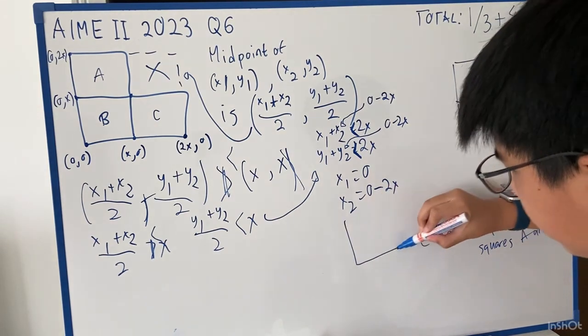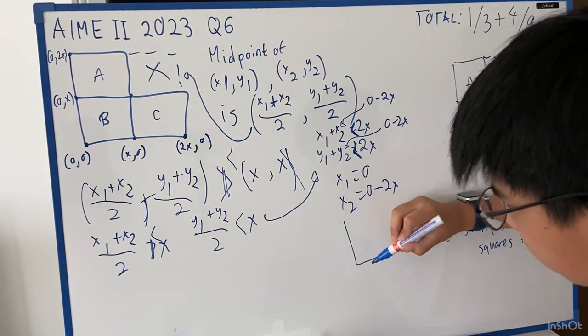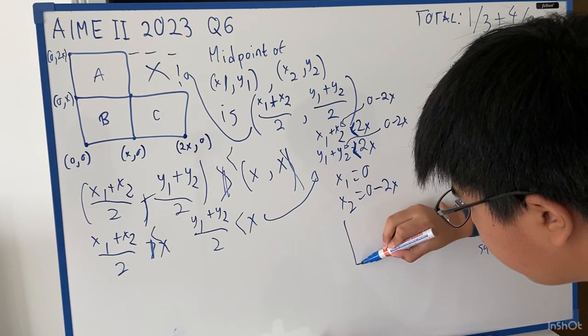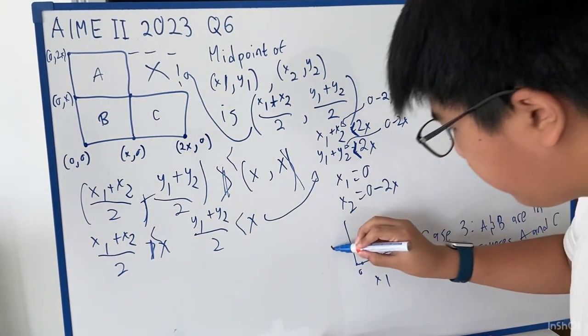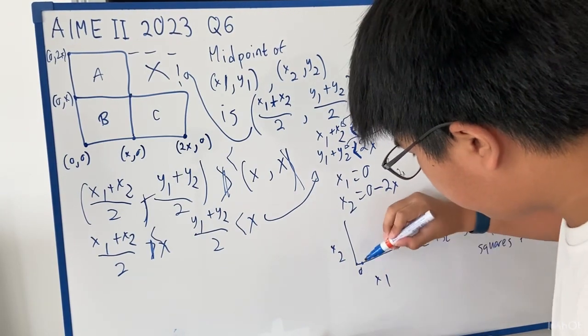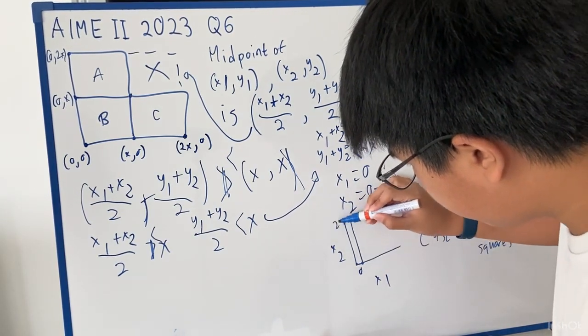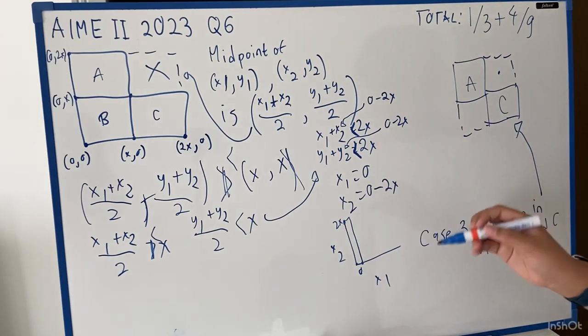Wait, we can actually illustrate this with a graph showing the values. So therefore this is x1 and therefore this is x2. So if x1 is 0, then this all the way to 2x represents the values x2 can be.